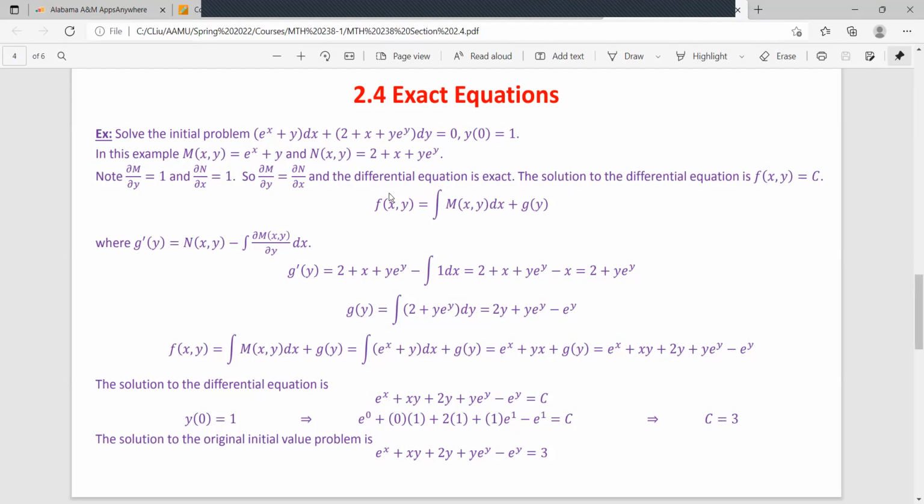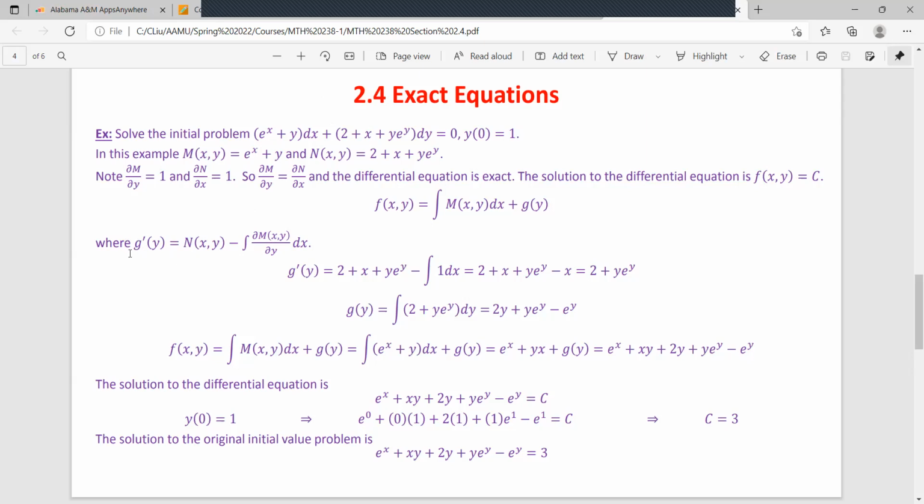And eventually when we find the function f, the solution to the original differential equation will be f of x y equal to c. Remember, that's the last step. So let's just find the g of y first.